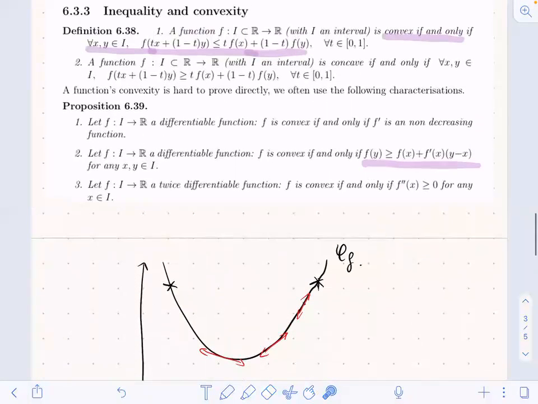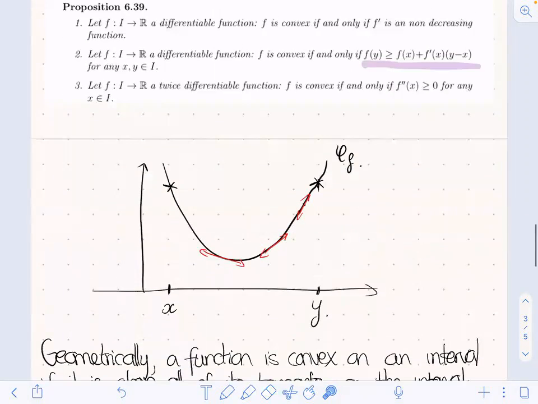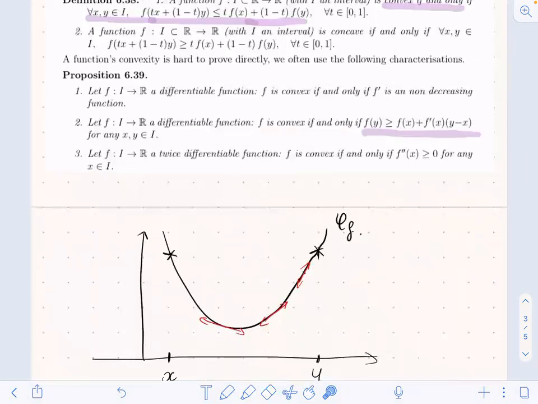You've got the opposite behavior when this inequality holds the other way around. So f of tx plus (1 minus t)y is greater than the terms on the right hand side. Your function is said to be concave. And so when you're concave, it means that f prime is non-increasing. This holds with the other inequality, and f prime prime is negative.